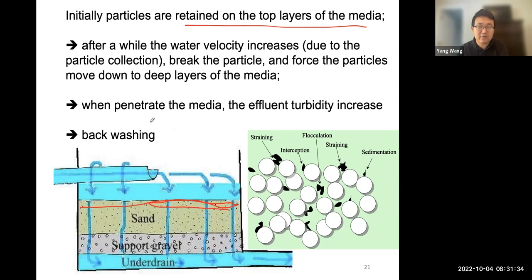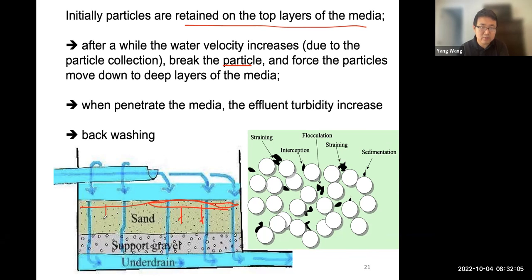Okay, and then after a while, the water velocity increases. The reason for the increase of velocity is that you're already blocking these pores, right? You have a narrower pore size, and then the velocity is going to be larger. Once the velocity is larger, you have a stronger force directly impacting these particles, so they break the particles apart, and force smaller particles to start penetrating deeper into the sand.